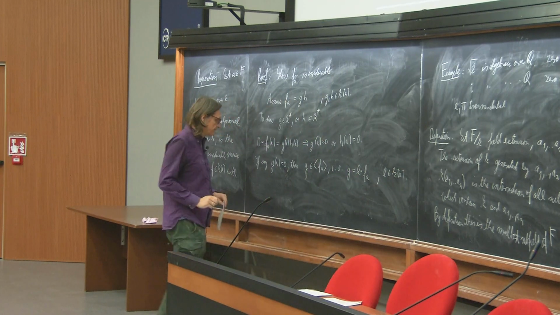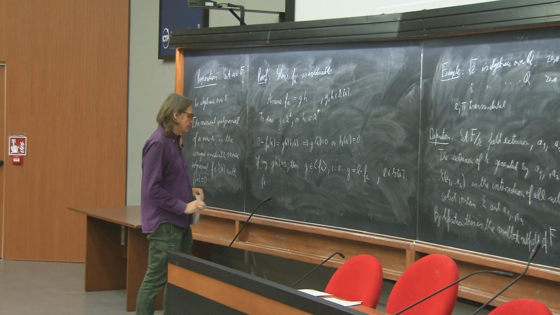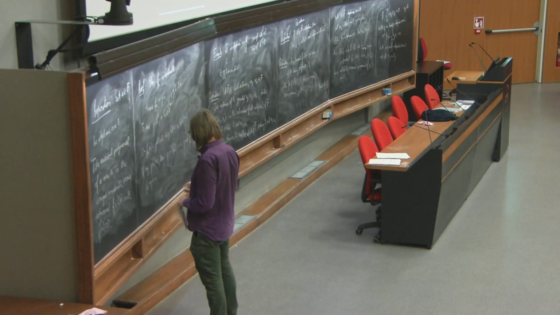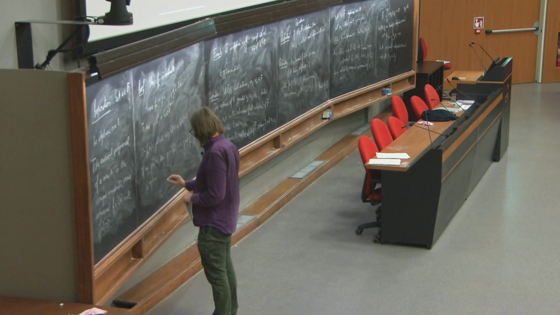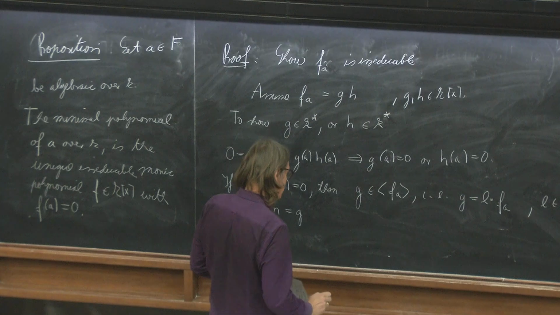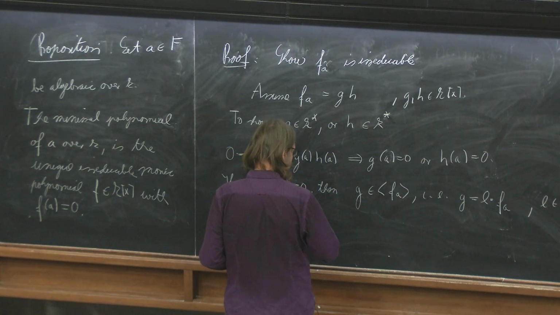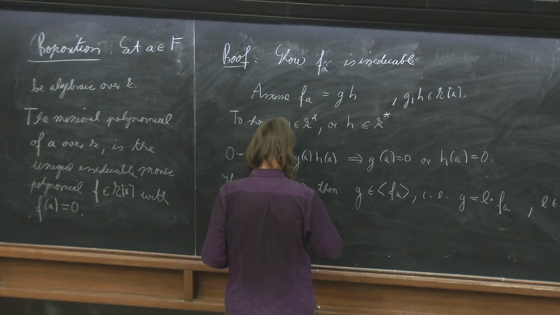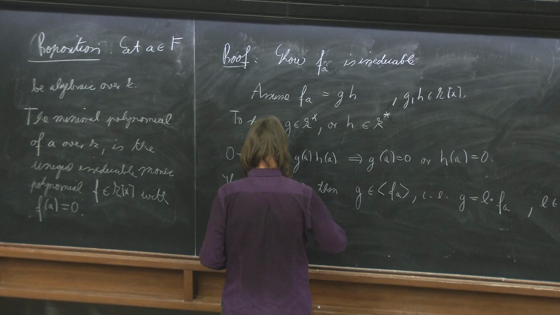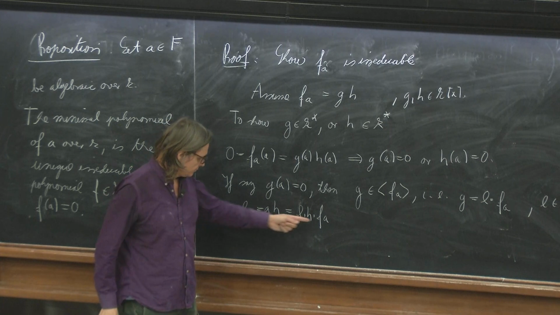And so we get that f_A is equal to g times h, which is equal to l times h times f_A. f_A is a non-zero polynomial.